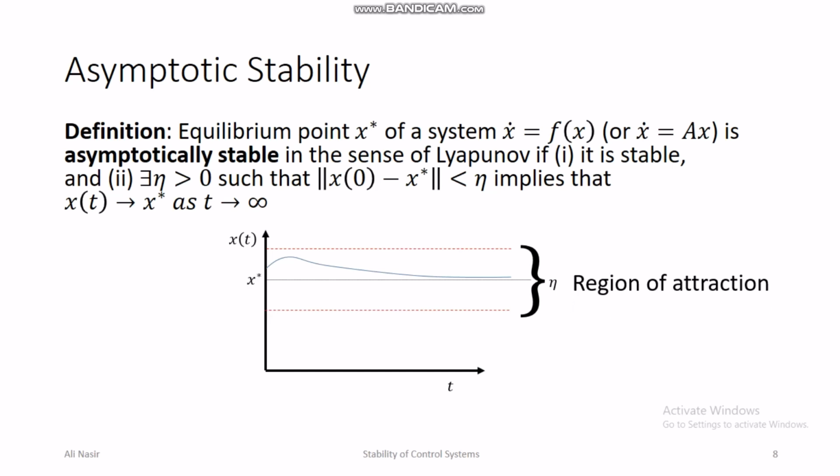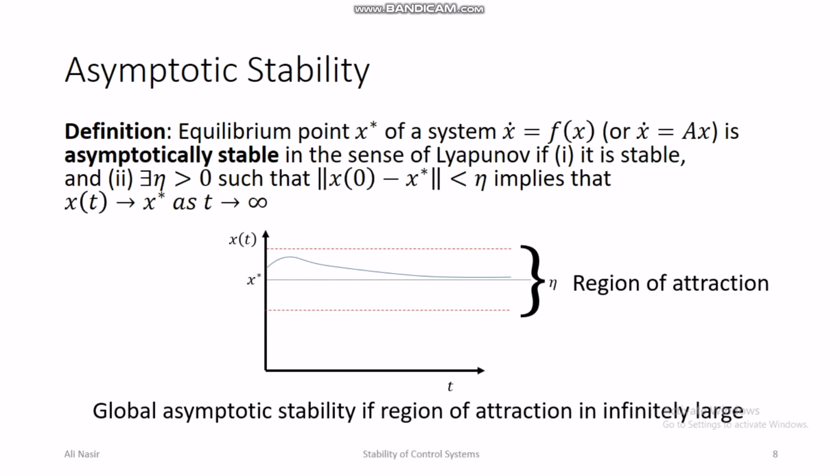The region of attraction is a region around the equilibrium point from where, if you start within it, you are attracted to the equilibrium point. If you start outside the region of attraction, you may not be attracted to the equilibrium point, but at least you will have the epsilon delta stability everywhere, no matter where you start. If the region of attraction is infinitely large, then you have global asymptotic stability.